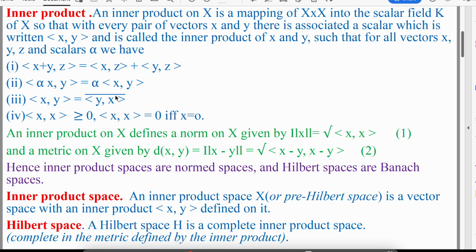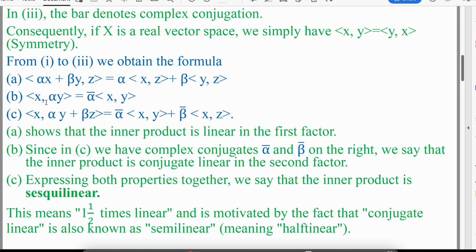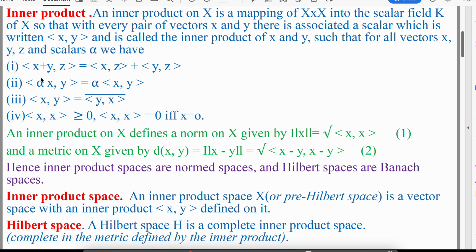So our first three formulas can be used to obtain inner product of alpha X plus beta Y with Z is equal to alpha times inner product of X with Z plus beta times inner product of Y with Z. Inner product of X with alpha Y here is equal to conjugate of alpha times inner product of X and Y. Notice that here alpha was on the left side.